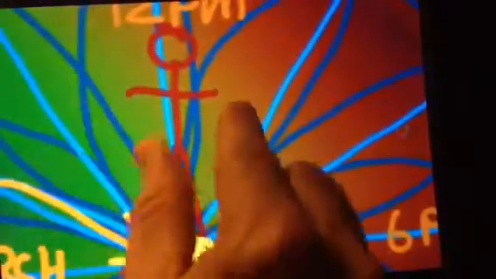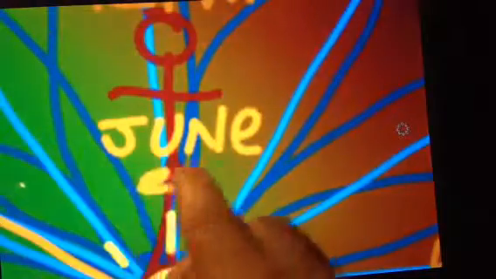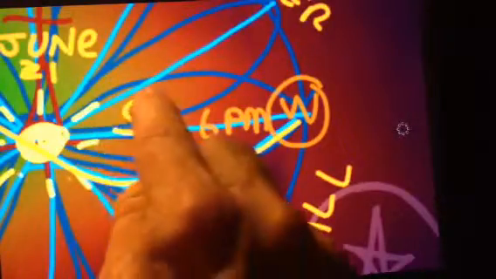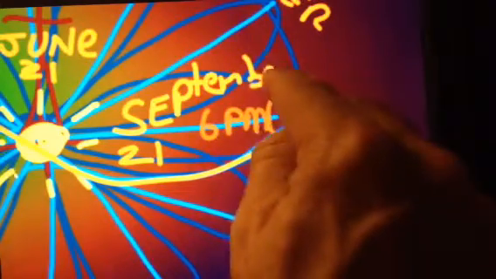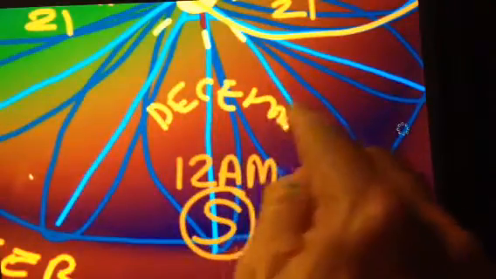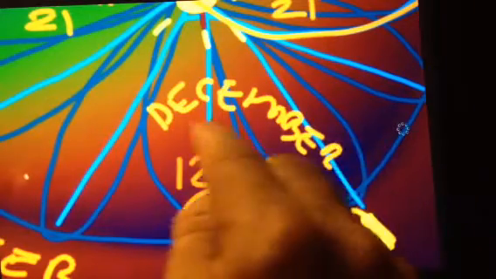This over here would be June 21st, this point, and then this point here would be September 21st, and this down here would be December 21st.